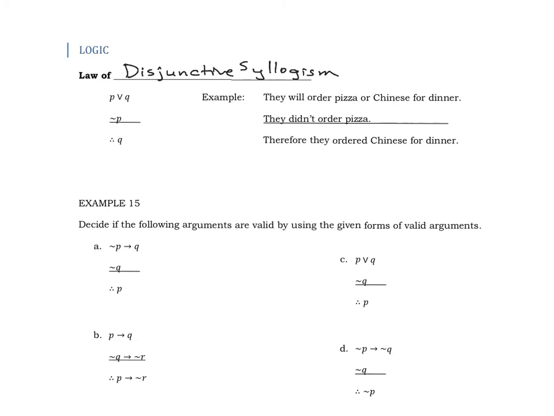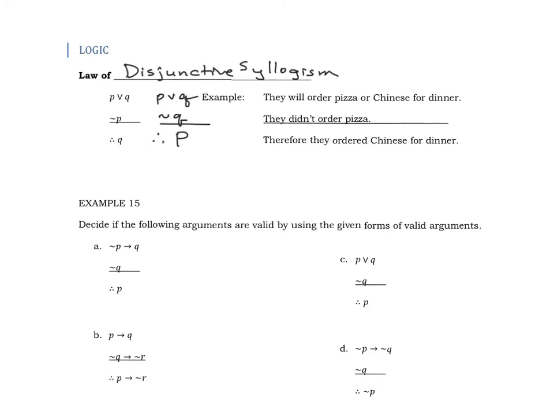I need to let you know that we could also have if Q didn't happen, P would have to happen. So both of these would be law of disjunctive syllogism.